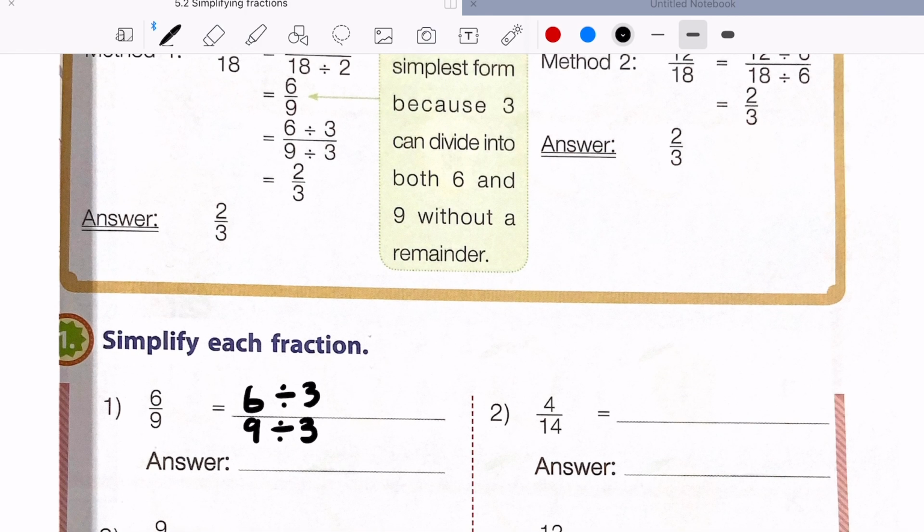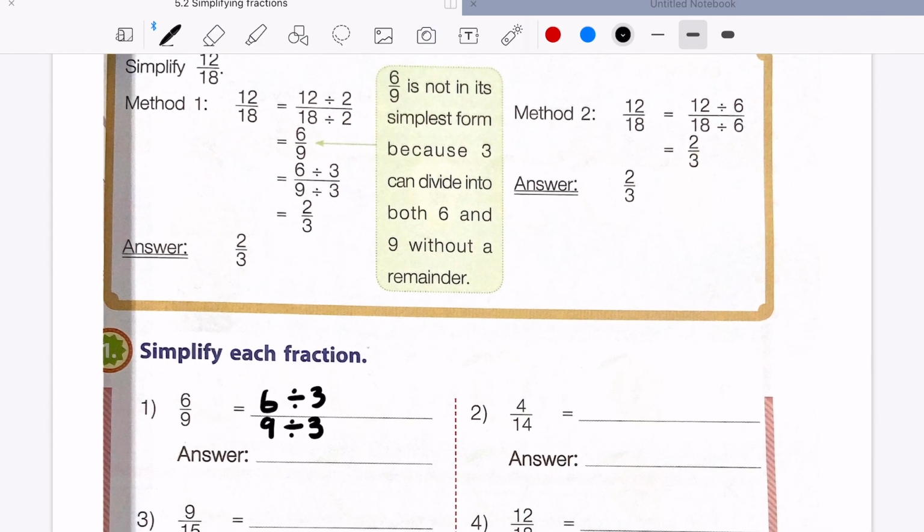What do we get? 6 divided by 3 is equal to 2. 9 divided by 3 is equal to 3. So our answer is 2/3. Very good.